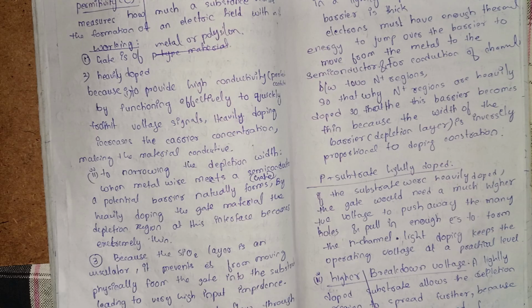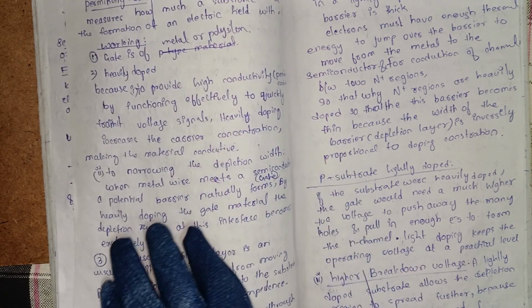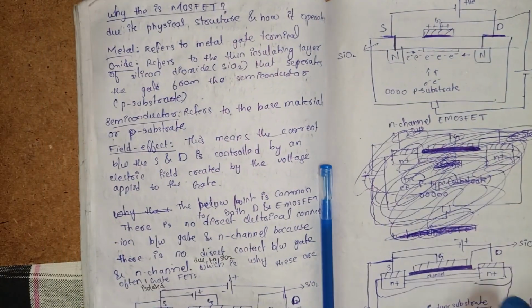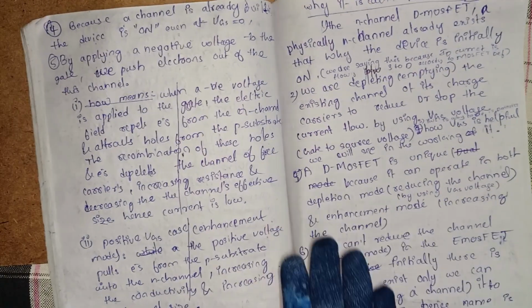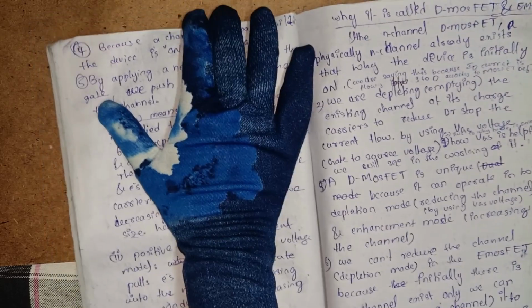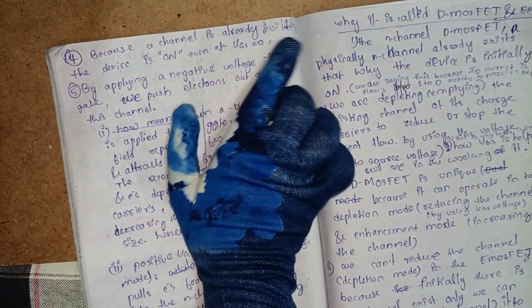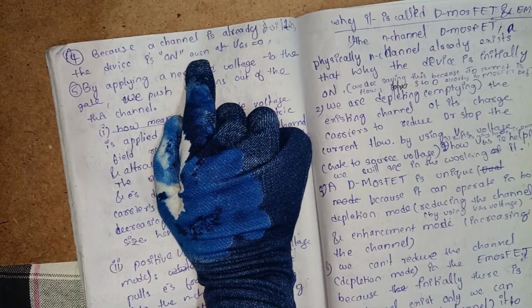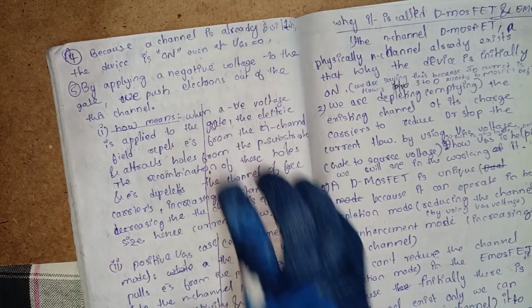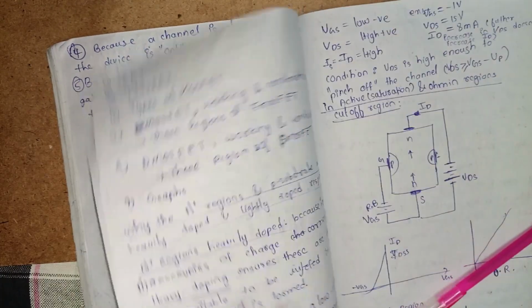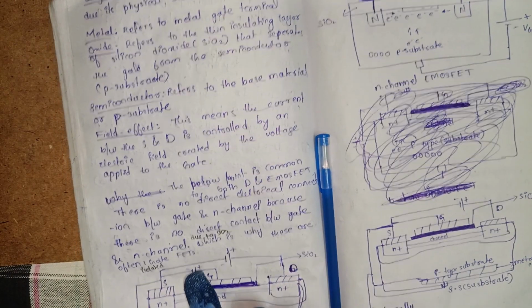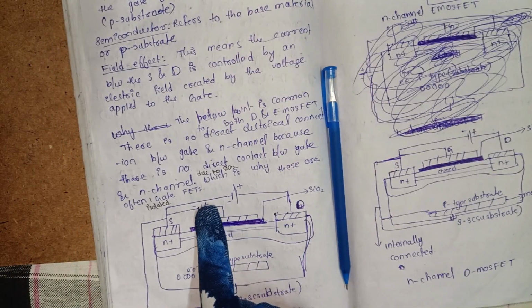Next, in the working, because the channel is already built in, the device is on even at VGS equal to 0. Here in the diagram you have provided a positive voltage.